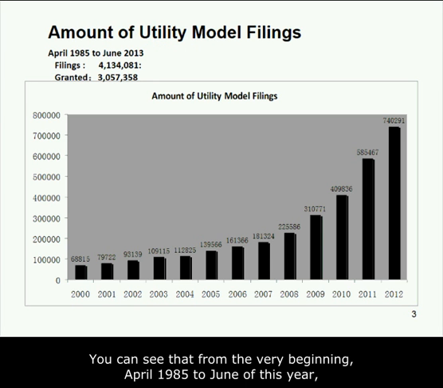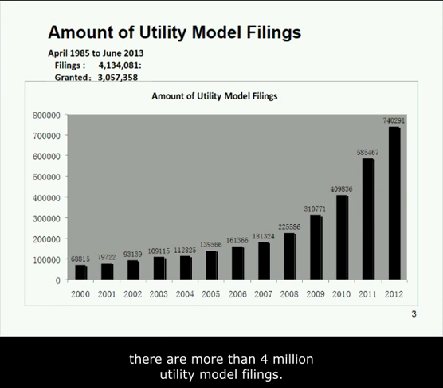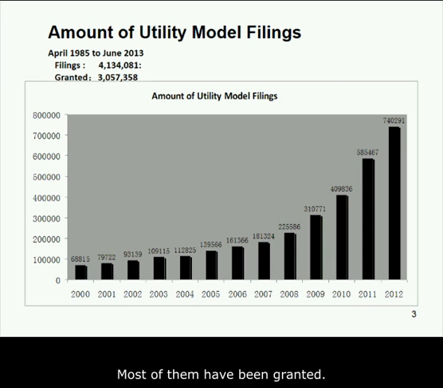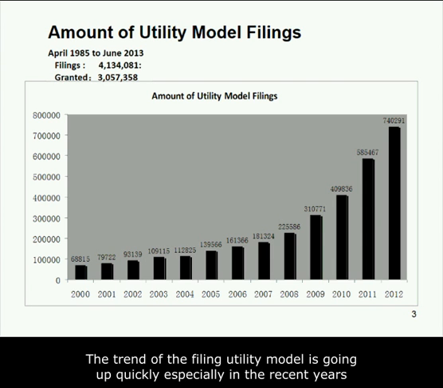You can see that from the very beginning, April 1985 to June of this year, there are more than 4 million utility model filings, and most of them have been granted.